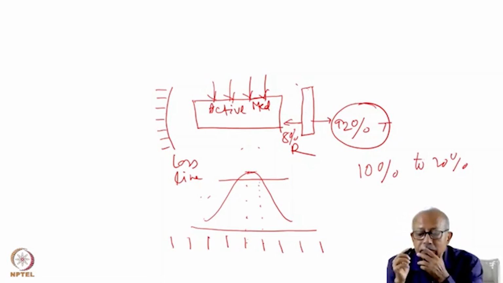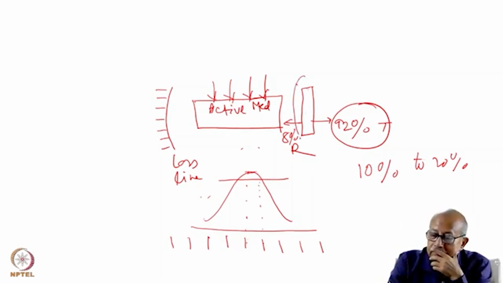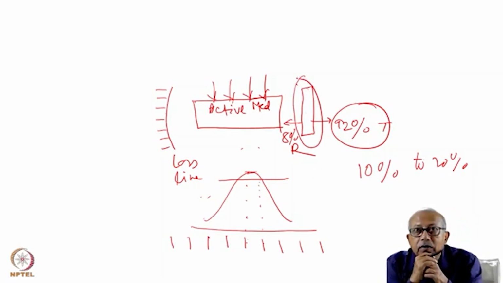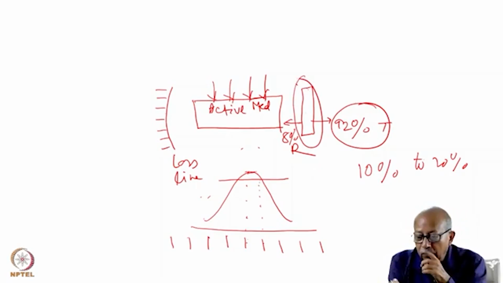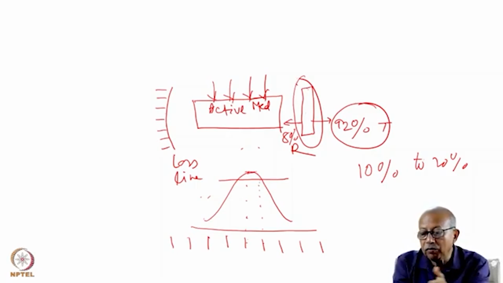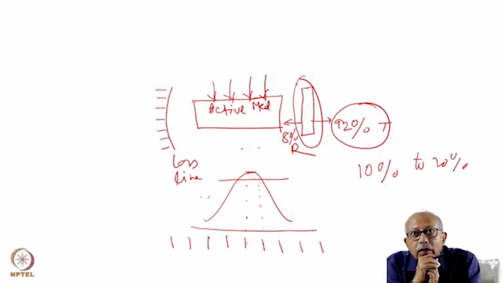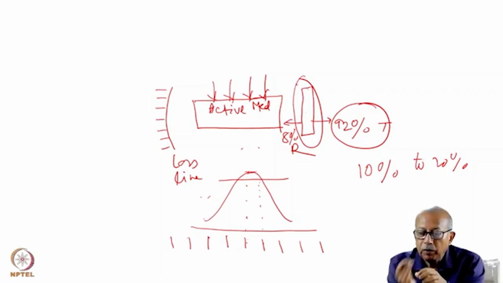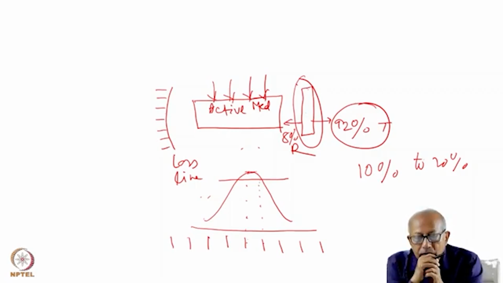So that means this glass plate, which naturally offers this kind of transmission and reflection, may not be a good candidate to perform as an output coupler.